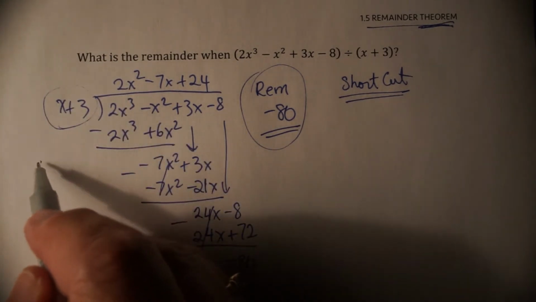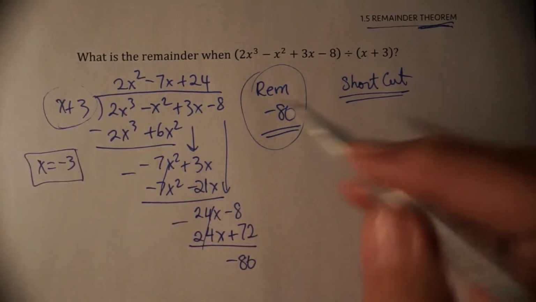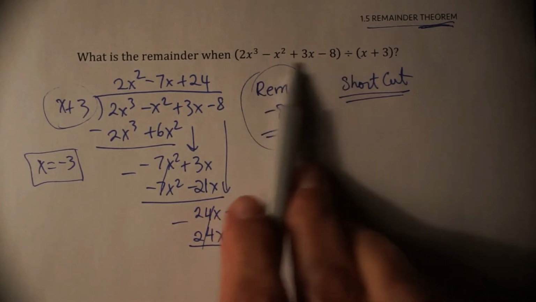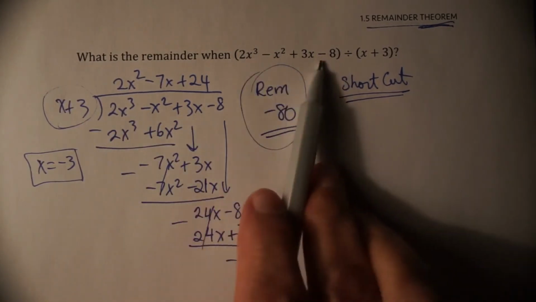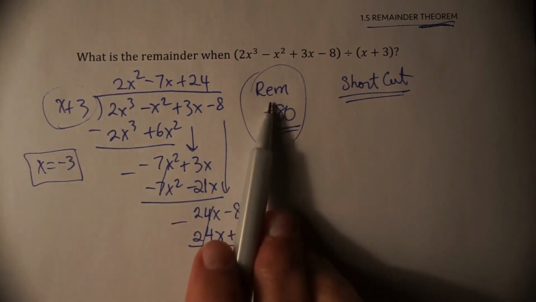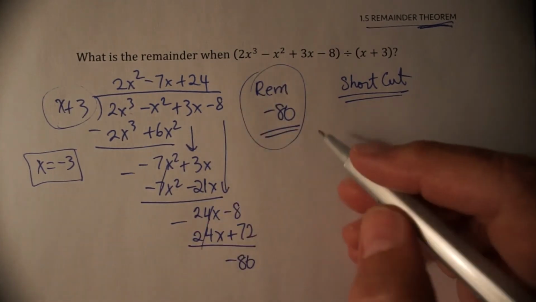And you say, okay, well, x equal to negative 3. If you plug the negative 3 in for your x in your dividend, your big polynomial here, the answer you get will be the remainder. So you don't have to do all the division. All I have to do is find the negative 3 and then plug it into the polynomial.